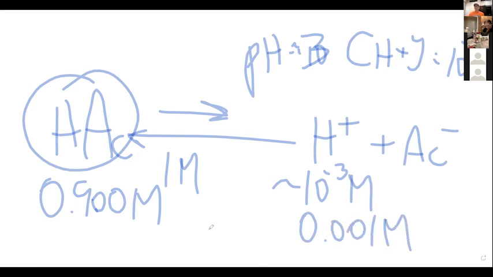That gives you an idea of how small that equilibrium is. We've only got about 1 in 1,000 acetic acids ionizing. That's why your Ka is so small.